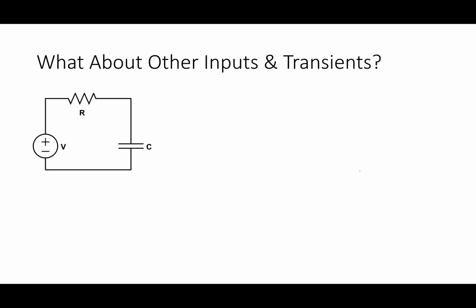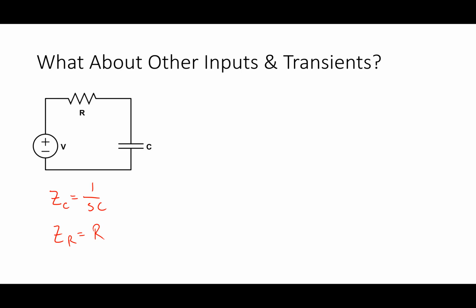Now, where do we use this? If I know that Z capacitor is 1 over SC, and Z resistor is R, then, as we did before, our differential equation got us to a particular result.